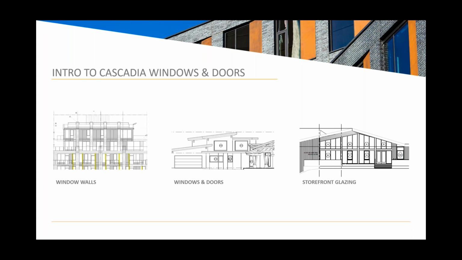Also, our punched and strip windows, commonly found in that passive house residential type project. And then also we do have commercial storefront glazing options. So factory built with the performance levels that you have come to expect from fiberglass windows and doors and commercial windows.